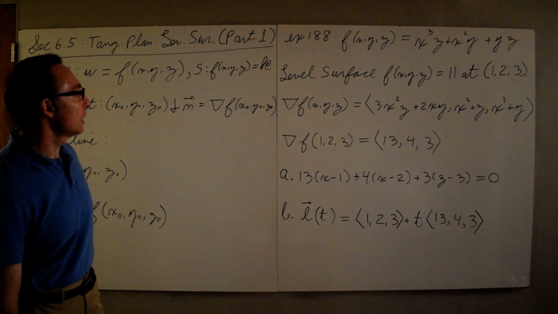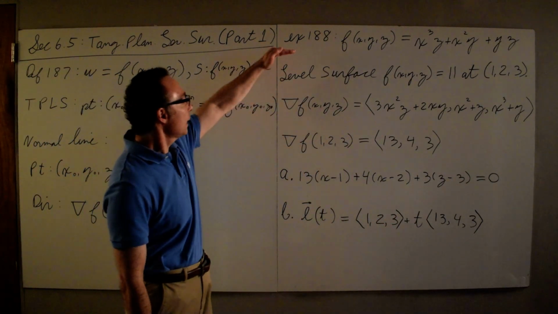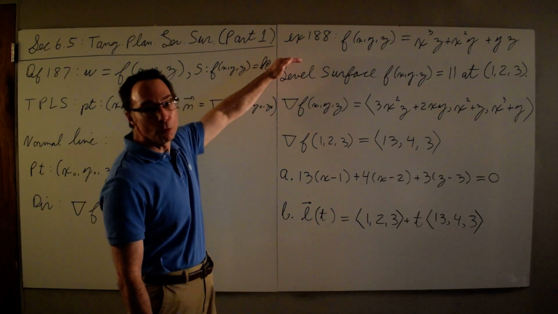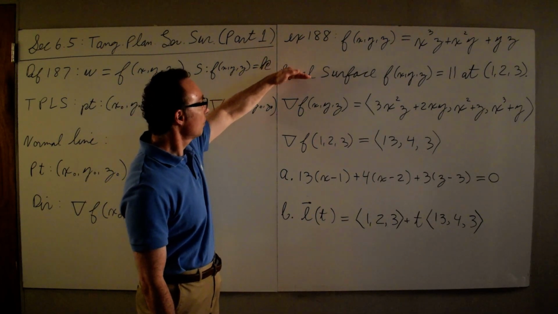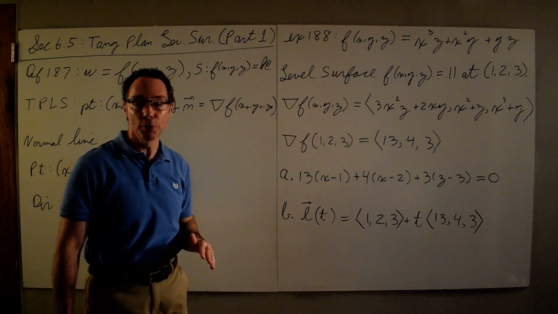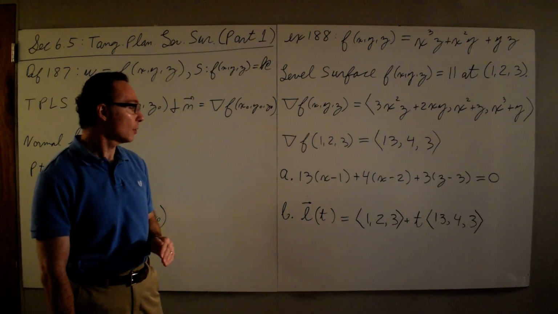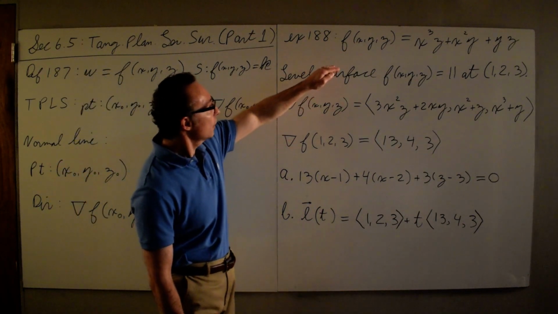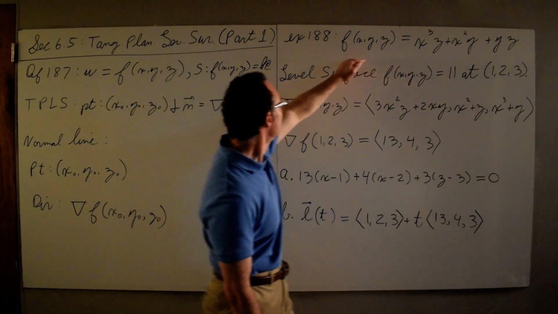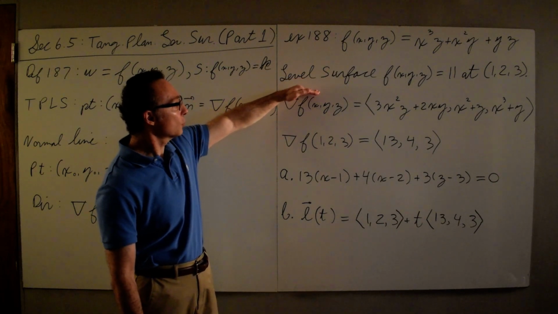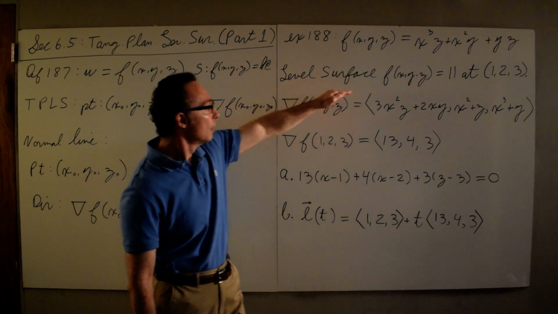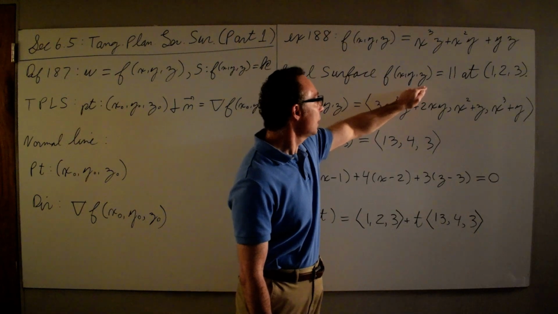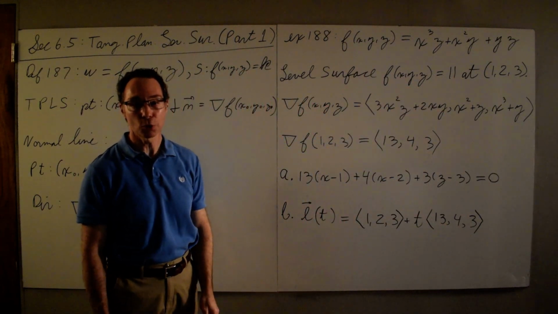So let's look at an example. Example 188. It has two parts, A and B, and I did some of the preliminary work here that's common to both parts before I started actually talking about each part separately. So we're looking at this function of three variables. We're looking at the level surface, f of x, y, z is equal to 11, so that's our surface.